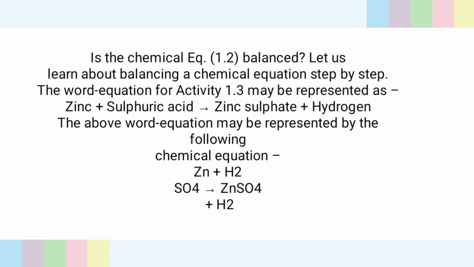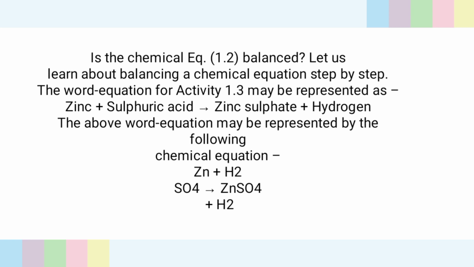When zinc reacts with the sulfuric acid, we get zinc sulfate, and hydrogen gas is evolved or released as the product. So on the reactant side you will find zinc and sulfuric acid, Zn plus H2SO4. H2SO4 stands for the sulfuric acid and Zn stands for the zinc metal.